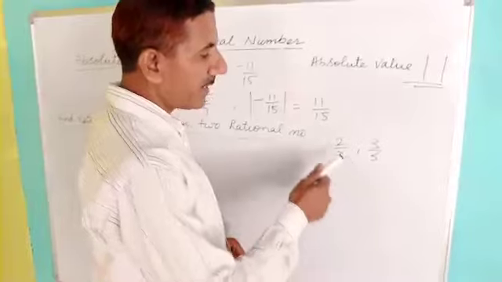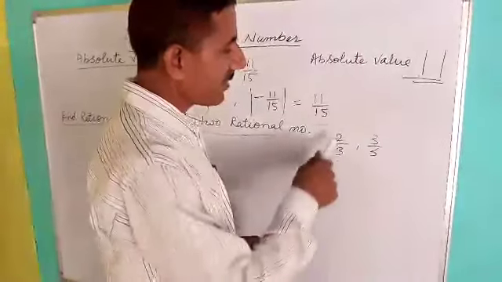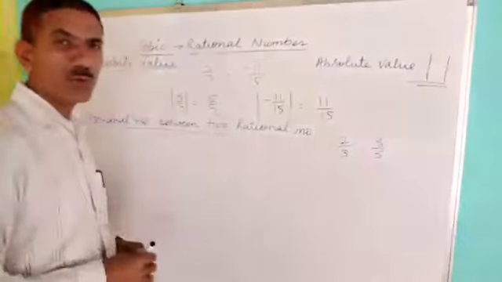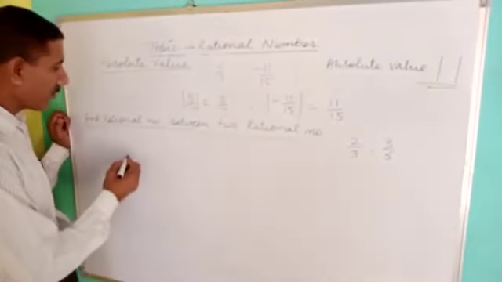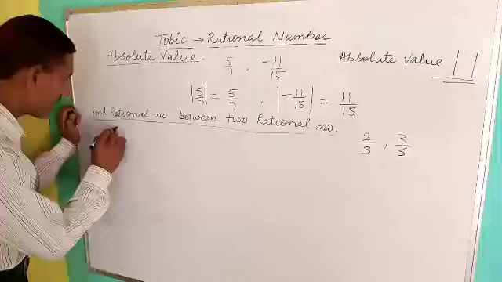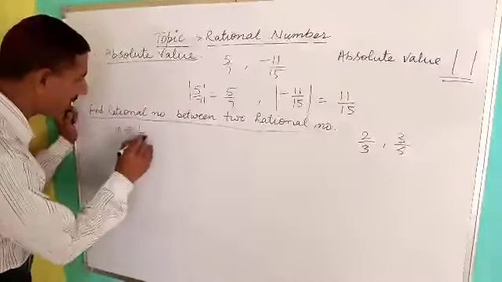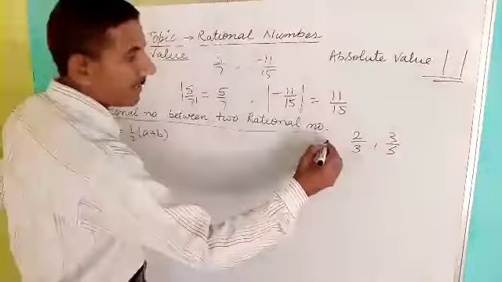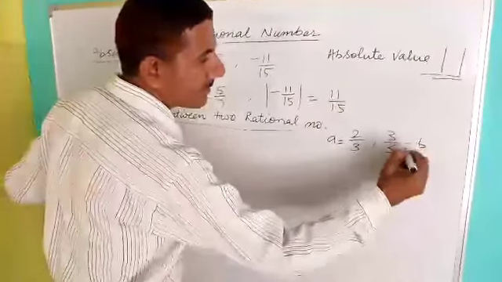Suppose we want to find one rational number between 2 by 3 and 3 by 5. So there are two types of methods. Number 1: x equal to 1 by 2 into a plus b. This is a and this is b.